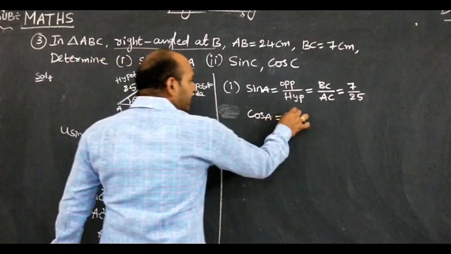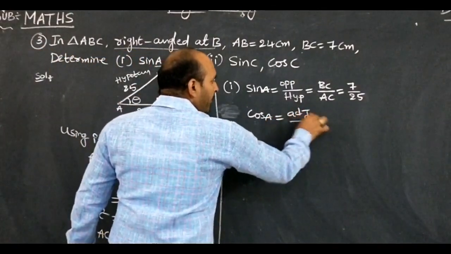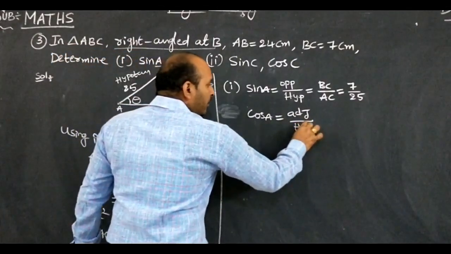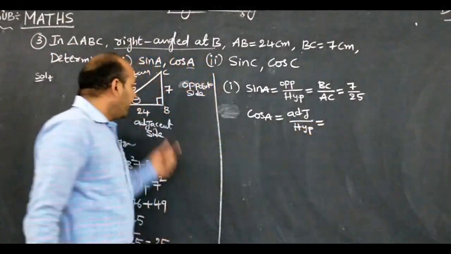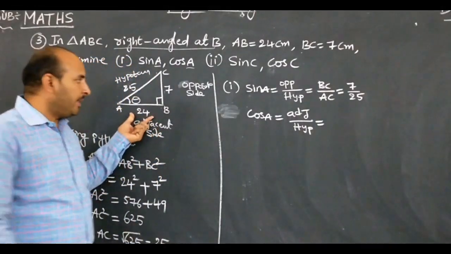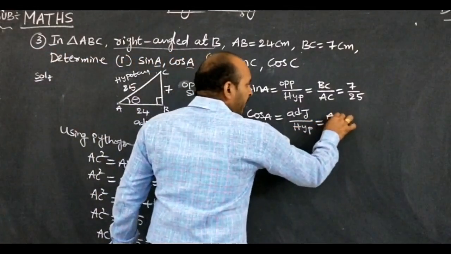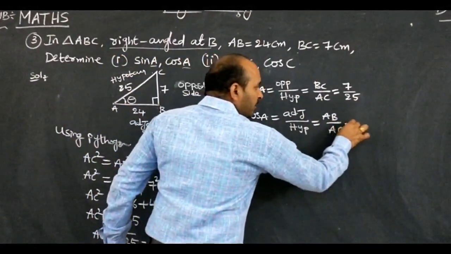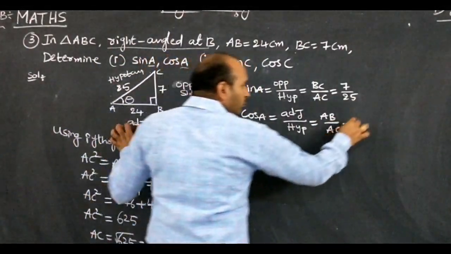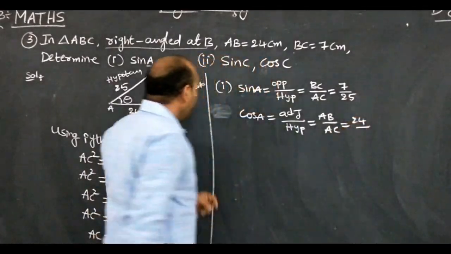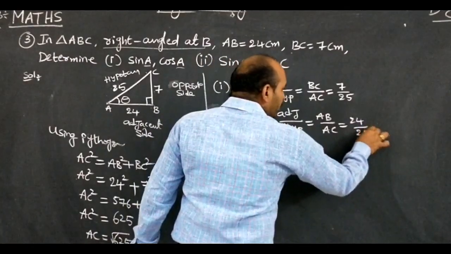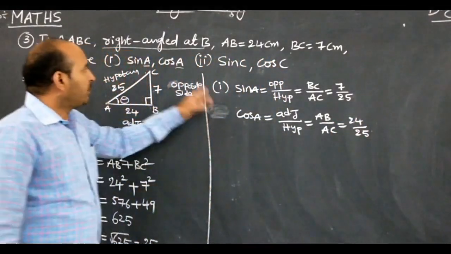The adjacent side is AB, divided by the hypotenuse AC, which is AB value 24 divided by AC side value 25. So 24 by 25. The first bit is over.